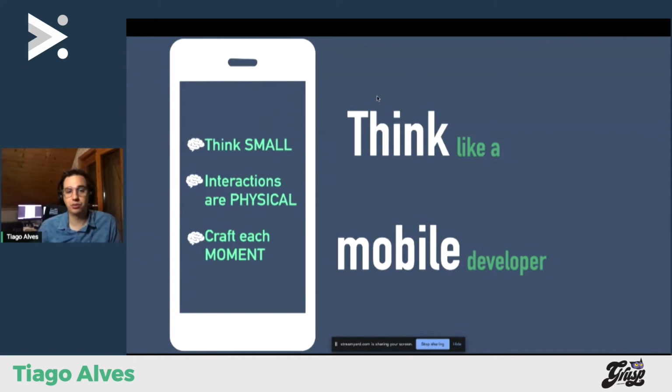And also, you have to craft each moment. So you have to be very attentive to details, and each small experience must be carefully crafted, with proper feedback, which is kind of harder on mobile, and with proper animations and all that.